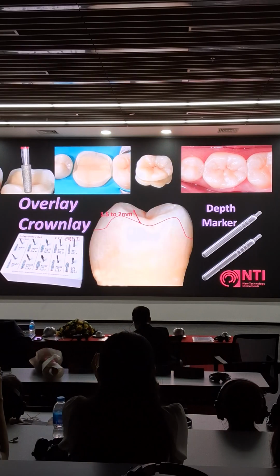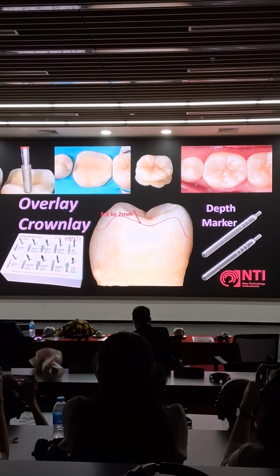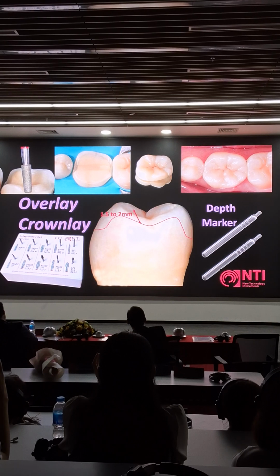Okay. If you want to do an overlay, I will take 0.5 to 2 millimeters to reduce my occlusal surface. I will reduce my full occlusal surface with a small chamfer, not necessarily all around the tooth.